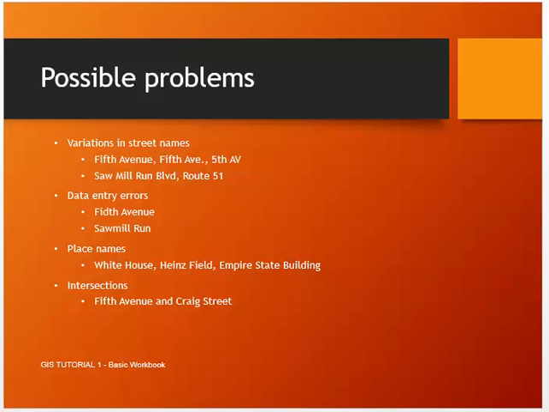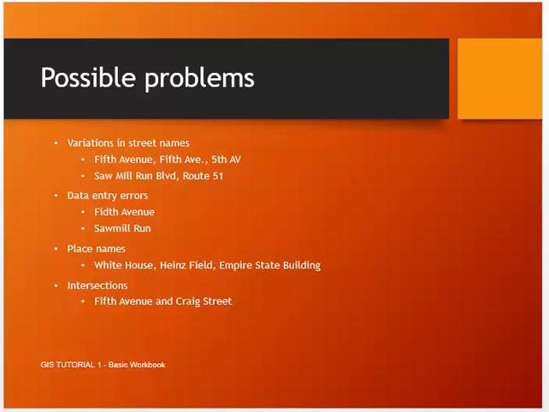We might have what are called vanity addresses, or place names. The White House. In my particular example of the employment data, I run into a few, such as the University of Utah, Hill Air Force Base, Salt Lake International Airport. I know where that is. You know where that is. The computer doesn't unless we tell it.